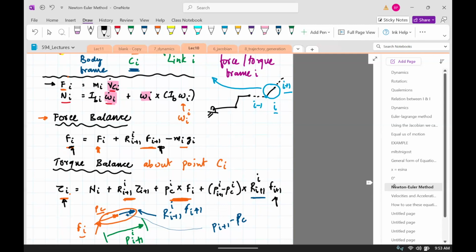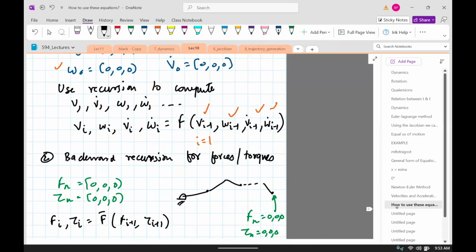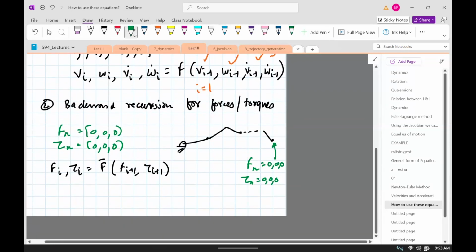Once you know this force, you can substitute it here. So you need to do this first and then this. So we know i plus 1 equals n. We know these forces, and so we can find the force at i minus 1, so n minus 1, n minus 2, and so on. So you go by backward recursion. The forward recursion gives you velocities, the backward recursion gives forces.